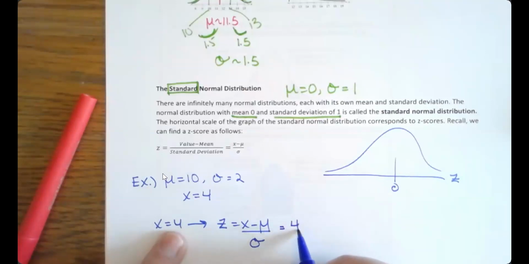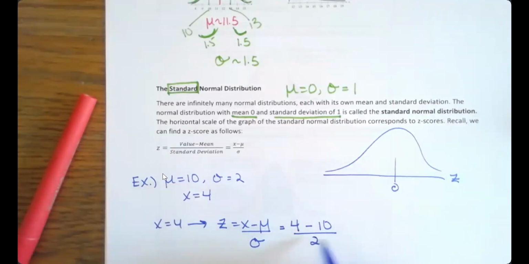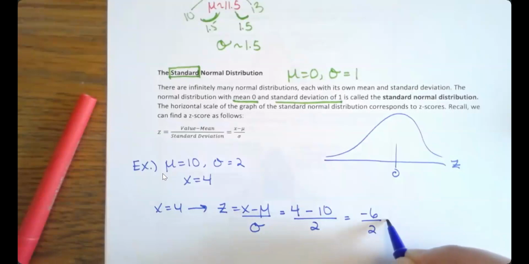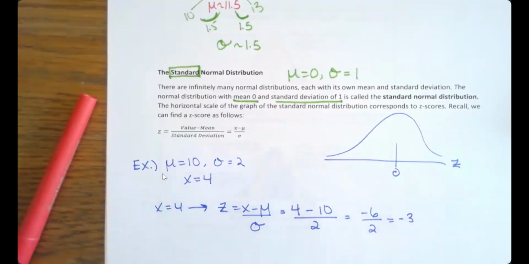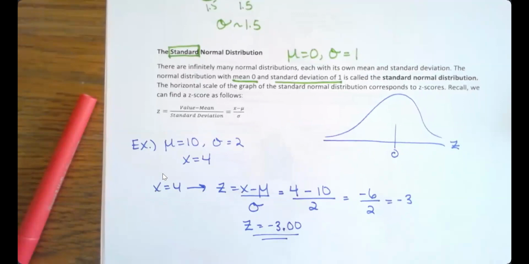So I do 4 first, my mean is 10, and then I would divide that by 2. The order is really important. The X value has to go first, and then we subtract the mean, so we get -6 here. And when I divide that by 2, I get negative 3. We typically use 2 decimal places with z-scores. There are some exceptions, but this would be the same as -3 or -3.00 here.